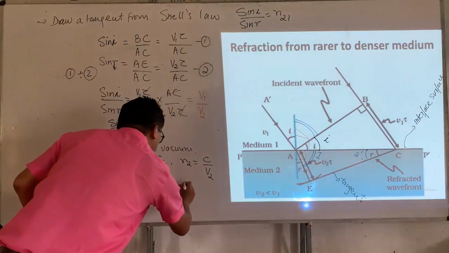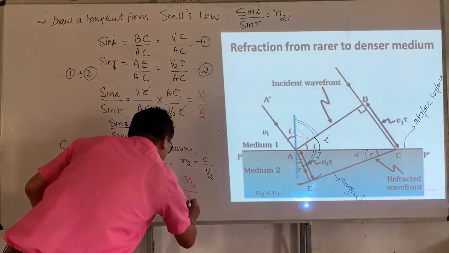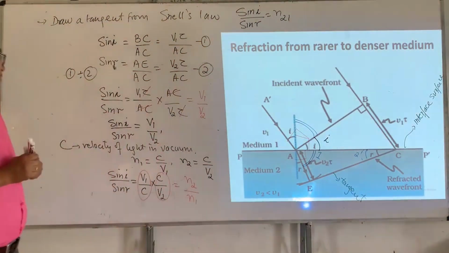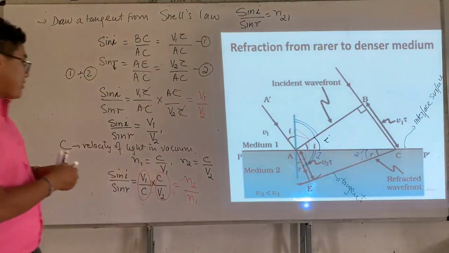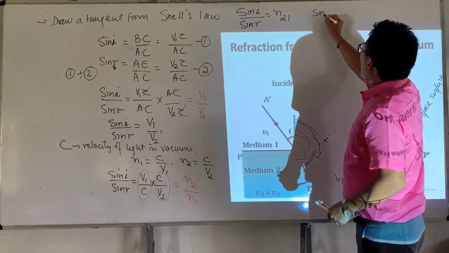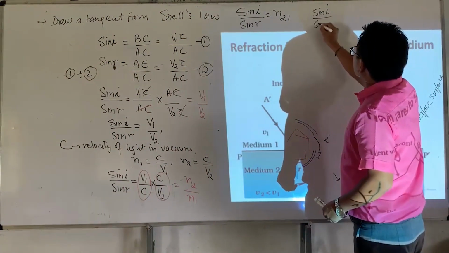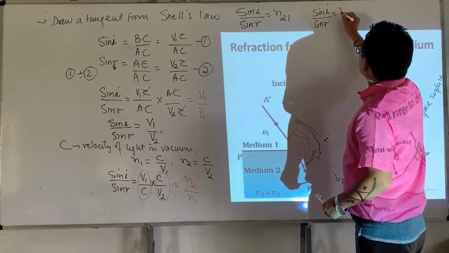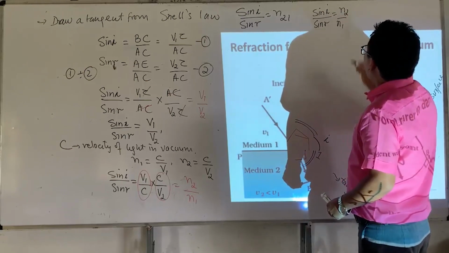Which is equal to N2 divided by N1. Alright, so I am going to write at the top, sin I divided by sin R is equal to N2 divided by N1.